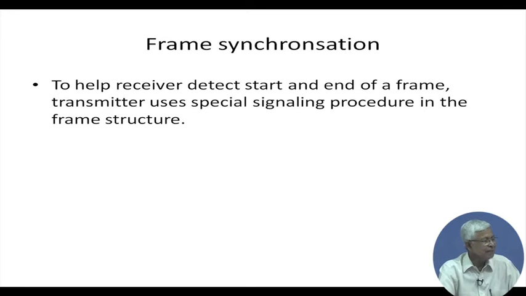So, let us see frame synchronization. By definition, it is to help the receiver detect the start and end of a frame. The transmitter uses some special signaling technique, which is nothing but some identification that this is the start of the frame or this is the end of the frame, when the frame size varies. In some cases only the start of the frame is marked and the frame size is known by the receiver.